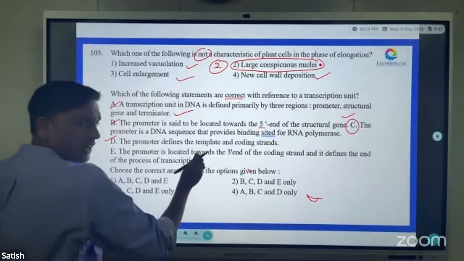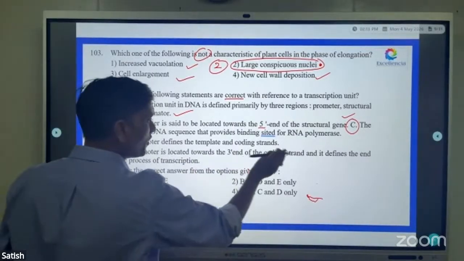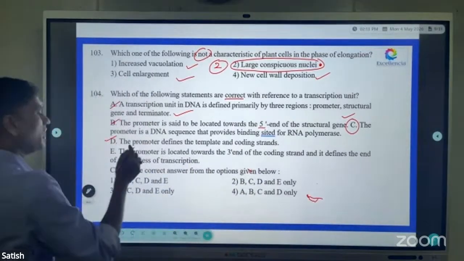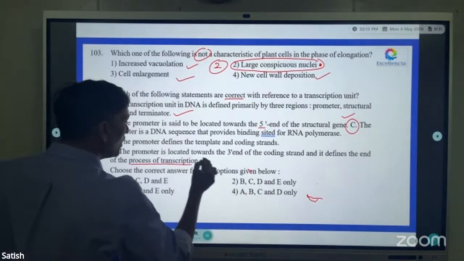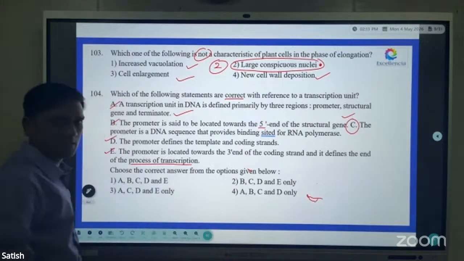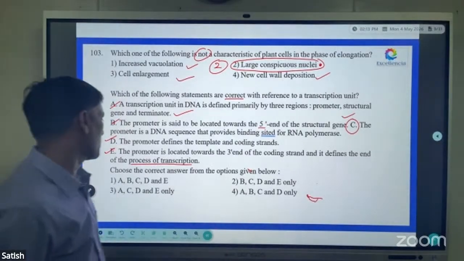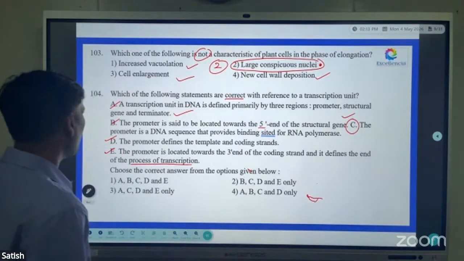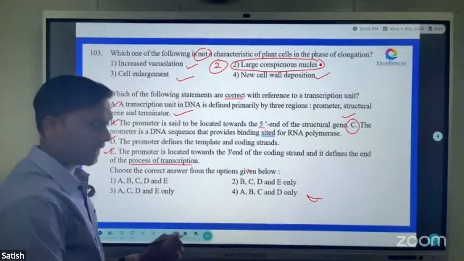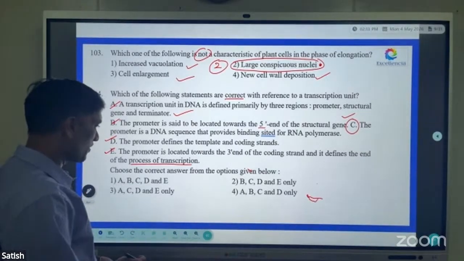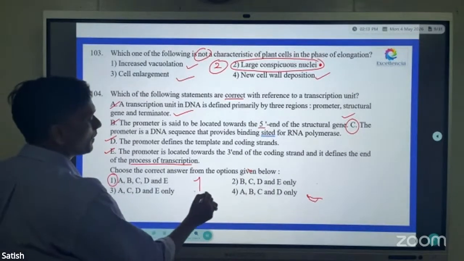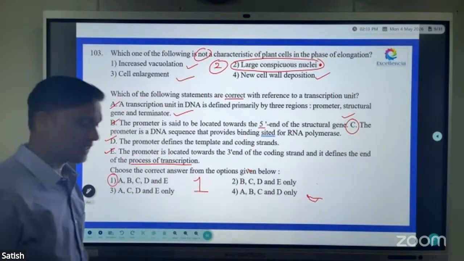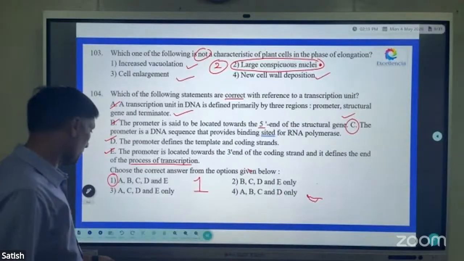Then the terminator is located towards the 3' end of the coding strand and it defines the end of the process of transcription by releasing some termination factors. You can call them rho factors. So the answer for this question is that all statements are correct here. No wrong statements will be there. So the answer is 1. Option 1 is the correct answer for 104.